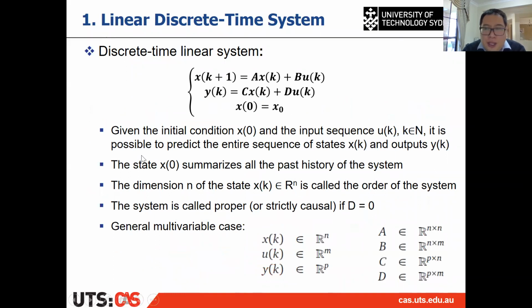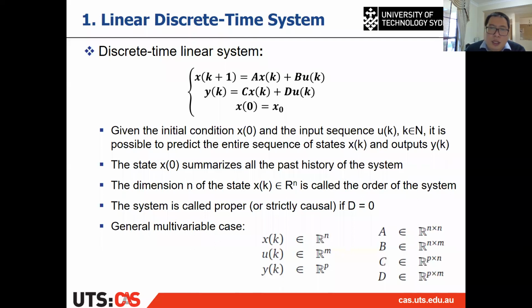let's come back to the standard formulation of the linear discrete time system. So for the linear discrete time system, the standard formulation is x(k+1) = Ax + Bu, and the output y is equal to Cx + Du. And all the A, B, C, and D are matrices with proper dimensions corresponding to the x and u.